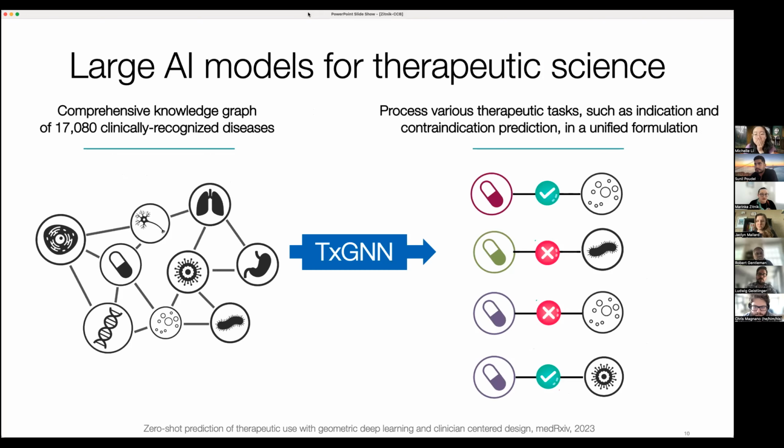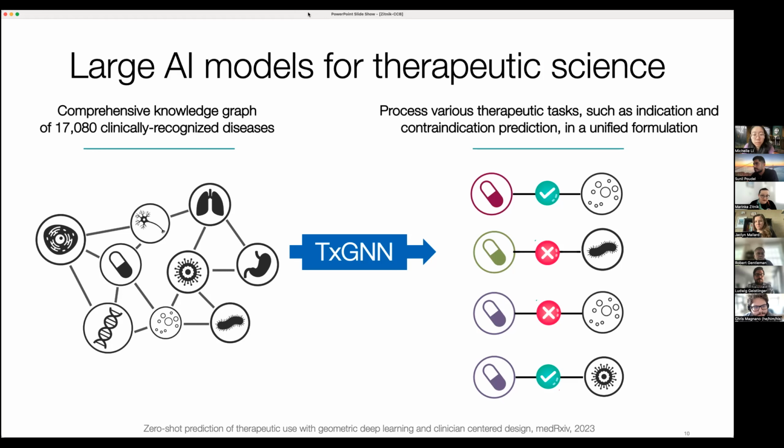And so the model that we have recently developed that has these kinds of capabilities is called TXGNN. TXGNN stands for Therapeutics Graph Neural Networks. And it's a model that is trained on a comprehensive knowledge graph that covers 70,000 clinically recognized diseases. And that knowledge graph represents a consistent, unified data set that brings together these diverse biomedical data modalities.